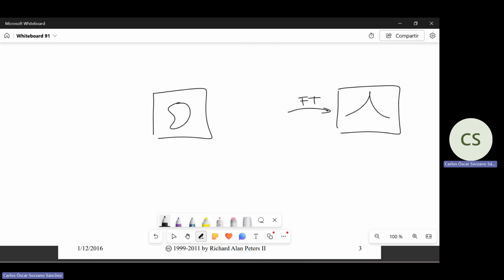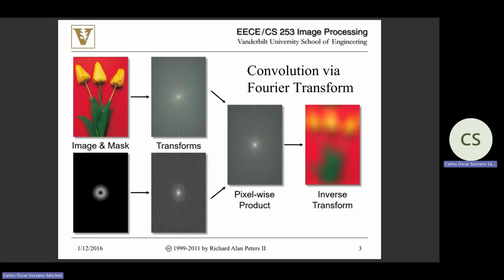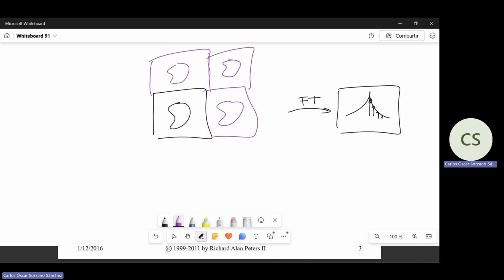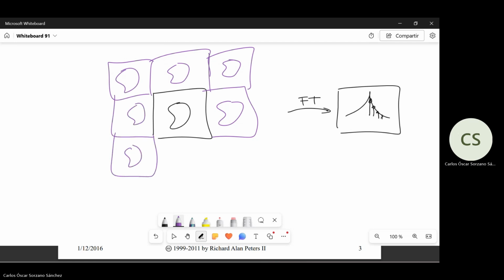It is this function here, but that function is made of deltas. That means that you are assuming that the image is periodic, with infinitely many repetitions of this image everywhere, from minus infinity to infinity.